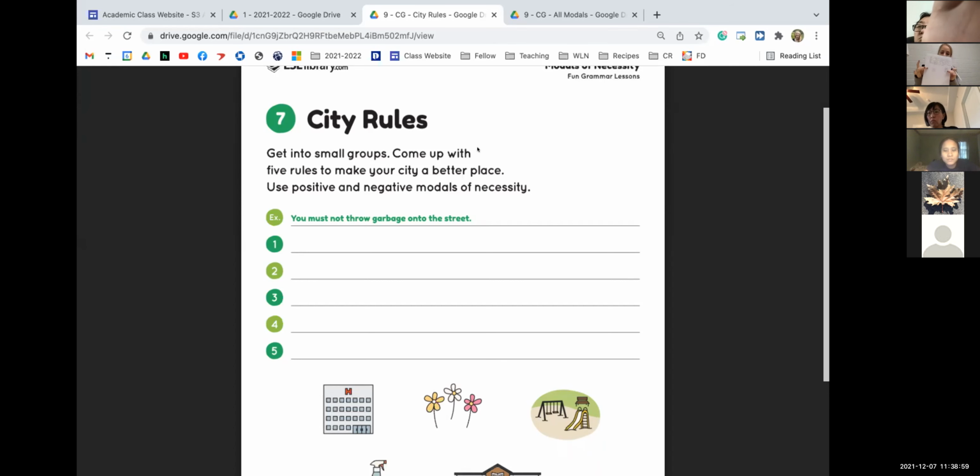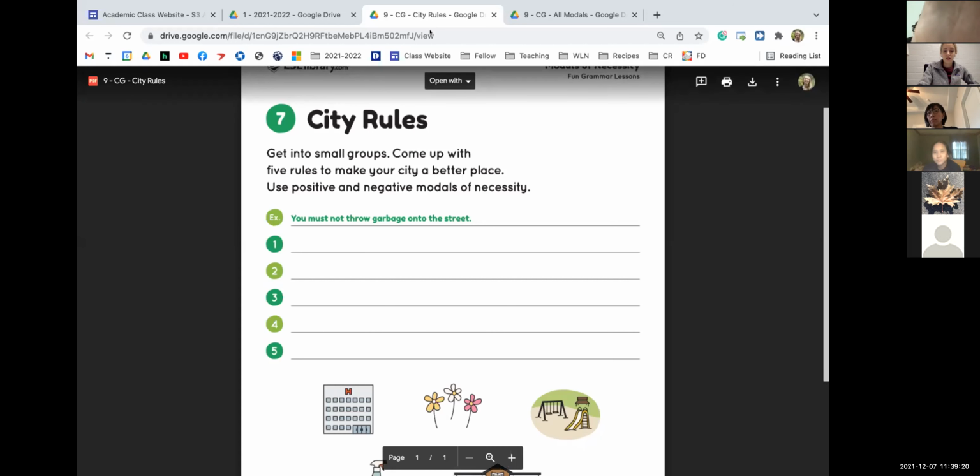Find where you wrote your advice for people who will visit Louisville. I'd like you to take a couple of minutes to read what you wrote and see if you can change some of those sentences to use should or shouldn't, ought to, had better, have to, must for their visit to Louisville.